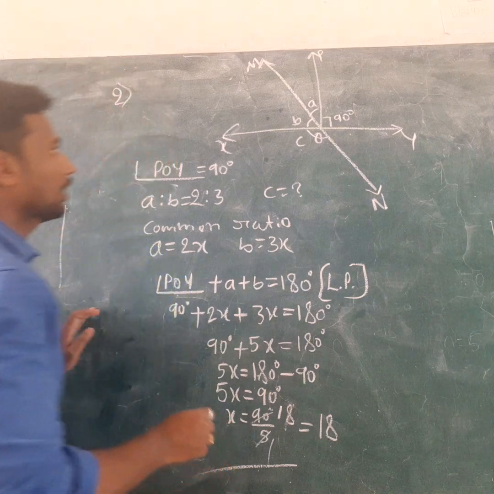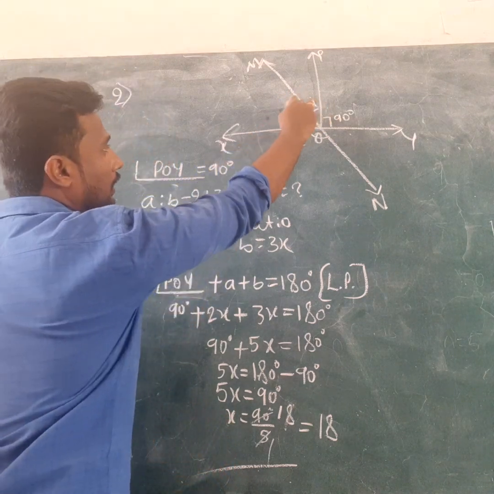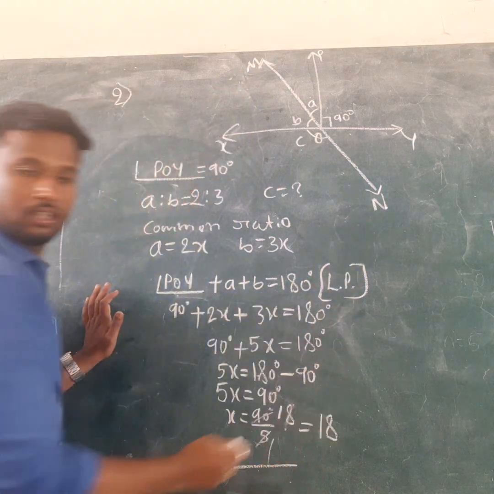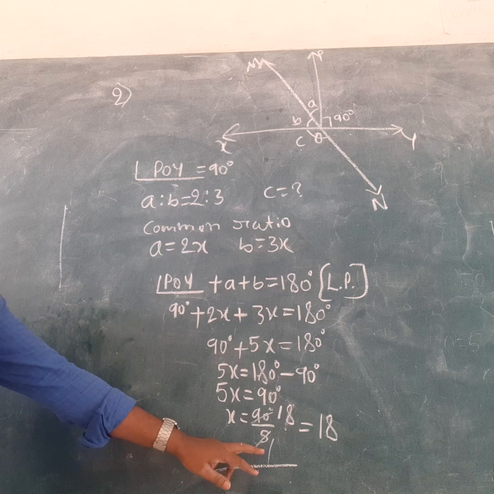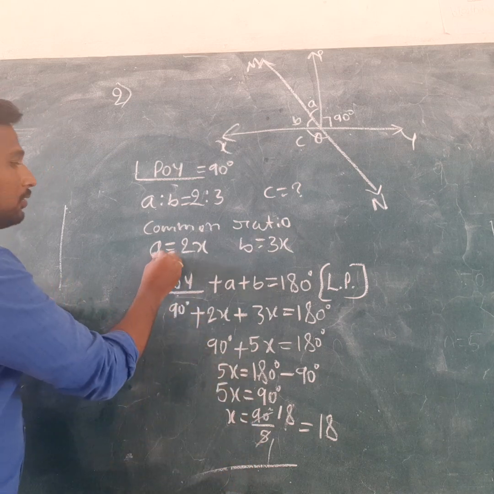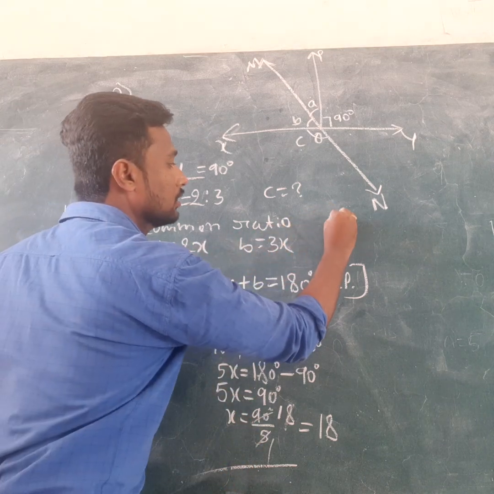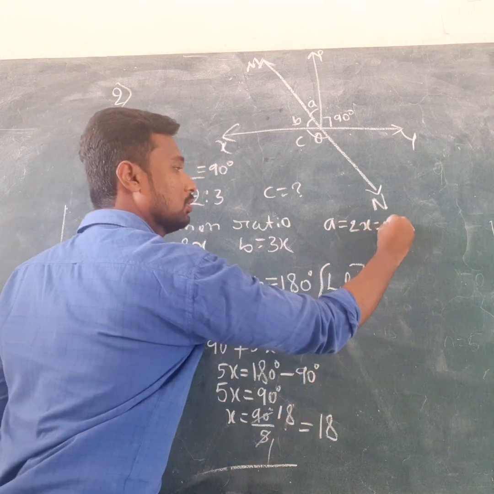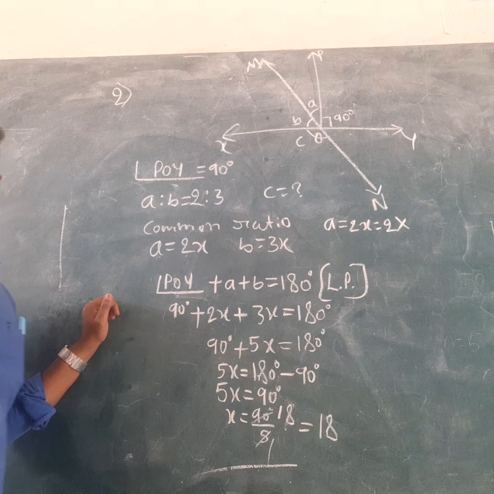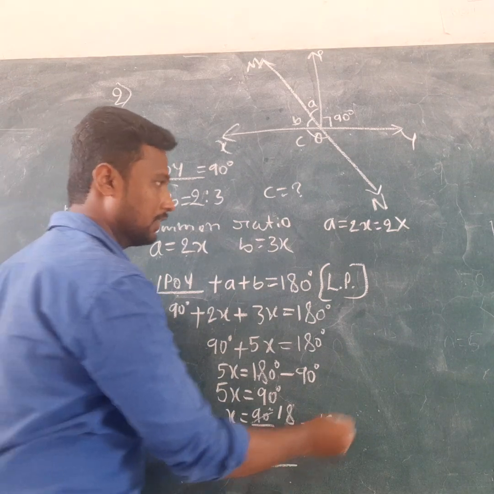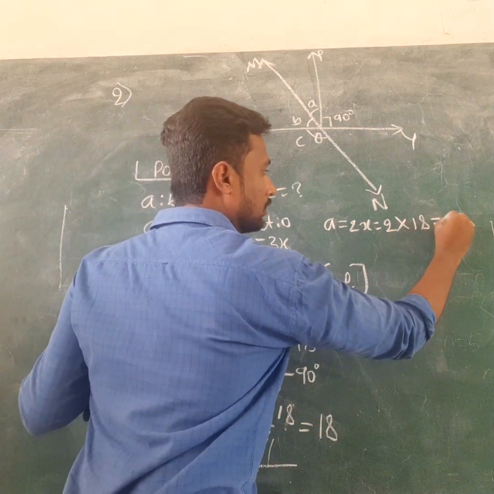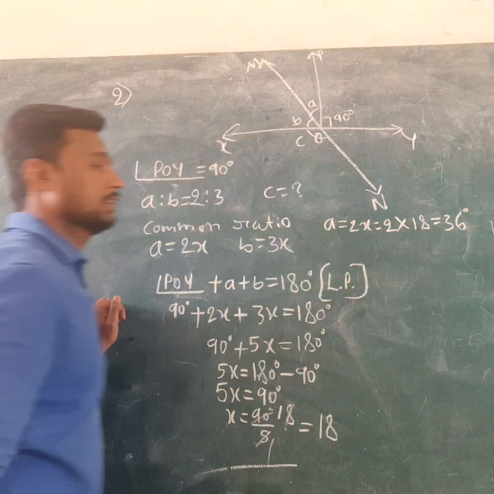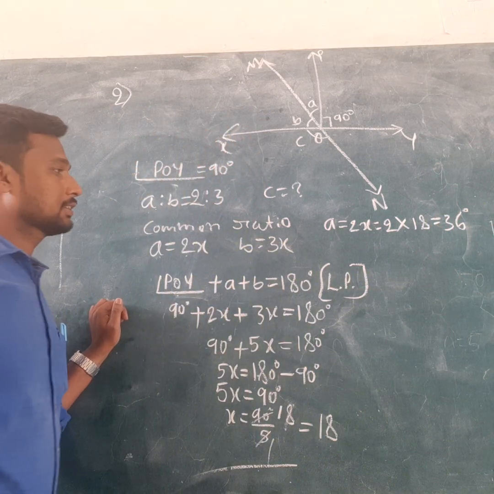But now I will calculate angle A and angle B first. How will I calculate? I got the x value as 18. So I know A value as 2x. A is equal to 2x. So 2x means 2 into, what is the x value? The x value is 18, so 2 into 18 means 36 degrees. A is equal to 36 degrees.